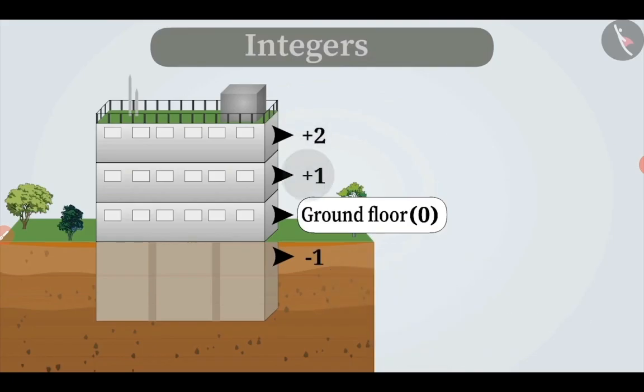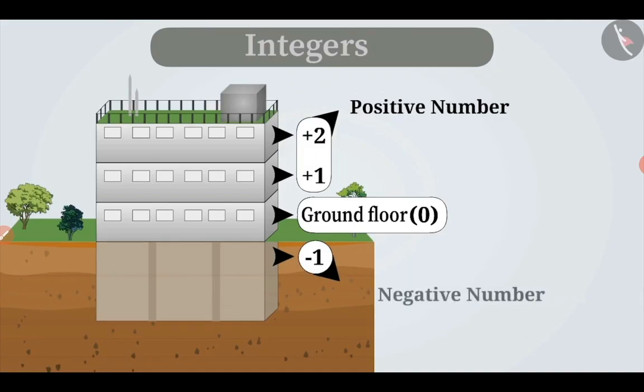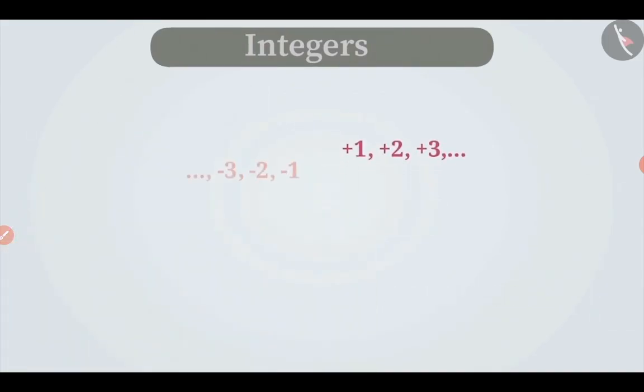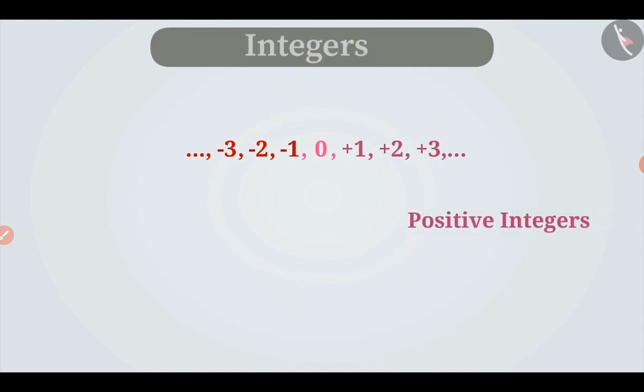Numbers which have a positive sign before it are called positive numbers, and those which have a negative sign before it are called negative numbers. A collection of positive numbers, negative numbers, and 0 together is known as integers. In this collection, just numbers like 1, 2, 3, etc., without any sign, are said to be positive integers.